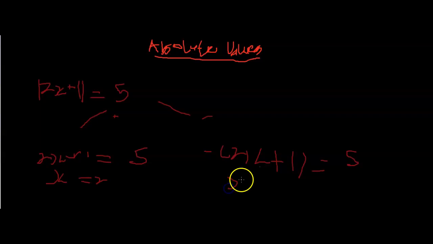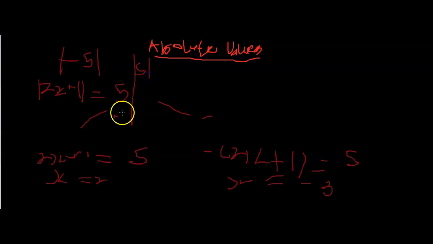So x is equal to -3. Now if you test it out, 2 times -3 is -6, plus 1 is -5. So -5 is one of the absolute values in here, and also 5, and it makes sense, okay? The absolute value of -5 is 5, and the absolute value of 5 is 5, okay? So that's your solve for x.